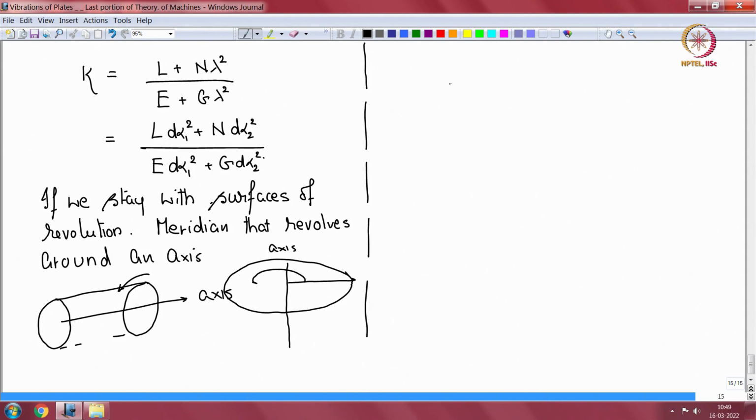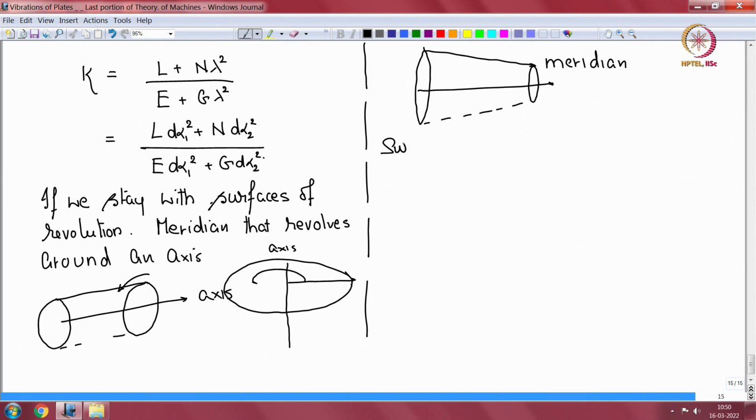If I have an axis and a slanted meridian, and this rotates around this axis, then I get a conical surface. So these are surfaces of revolution.